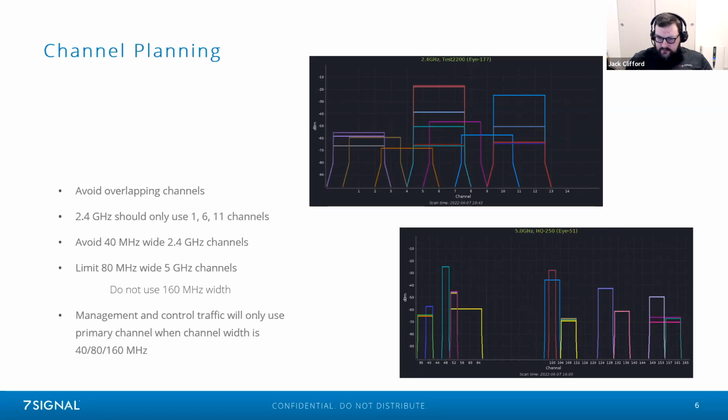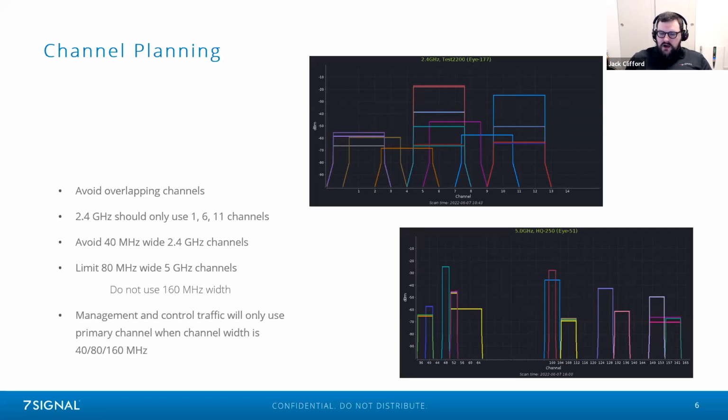And one thing to point out too is whenever you're using those wider channels, the management traffic, like the beacons that are being sent, probes, and all of that traffic, with how Wi-Fi works, is only sent on the primary channel, so it doesn't use the full 40 or 80 or 100 megahertz wide channel.